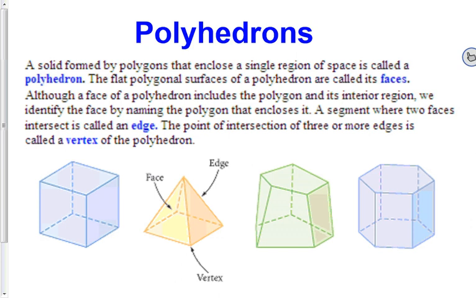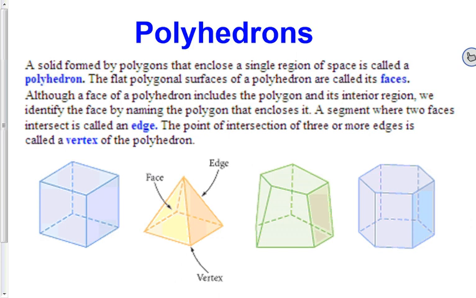It says a solid formed by polygons that enclose a single region of space is called a polyhedron. The flat polygonal surfaces of a polyhedron are called its faces. Although a face of a polyhedron includes the polygon and its interior region, we identify the face by naming the polygon that encloses it.